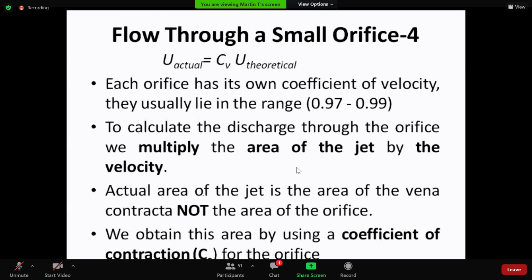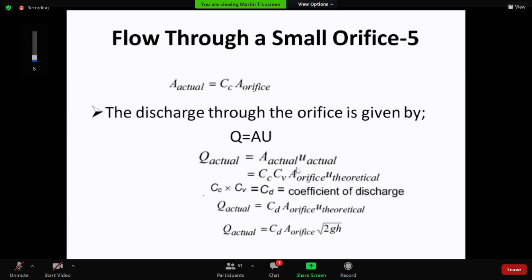Different shapes of the orifice edges are going to give different areas of contraction. So Q is equal to A naught CC times CV times U.